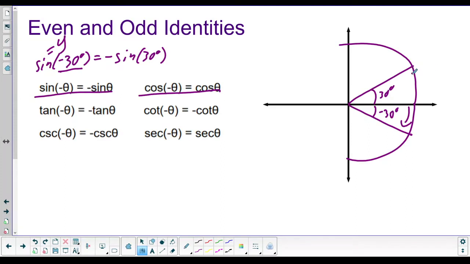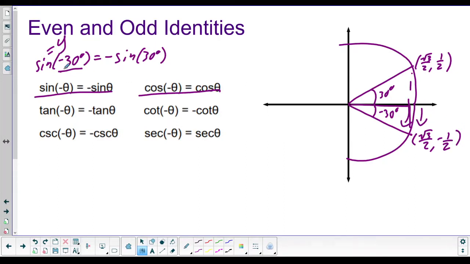So if we're looking at the y value here at 30 degrees, this is going to be radical 3 over 2, 1/2. If we look at negative 30 degrees, this is still a long x and a short y. So this is going to be radical 3 over 2, negative 1/2, because now we're going down on the y-axis.